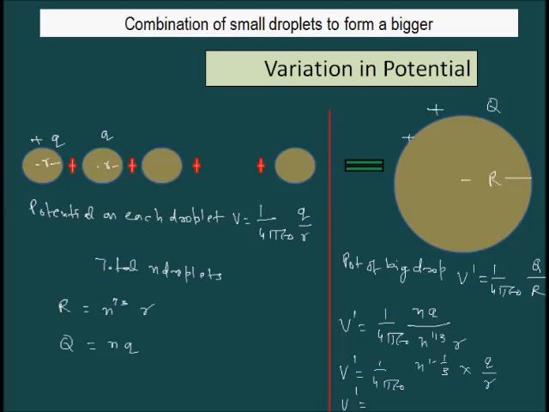So V dash is n to the power 2 by 3 into 1 upon 4 pi epsilon 0 q by r, which is the potential of a small droplet. In this way we can conclude that the potential of the bigger drop is n to the power 2 by 3 into the potential of a small drop.